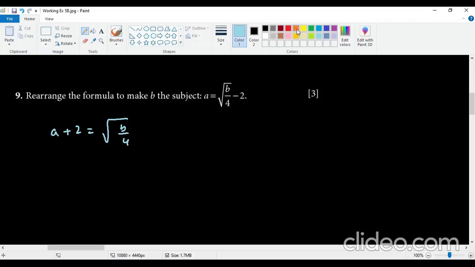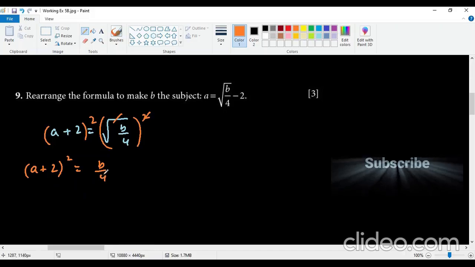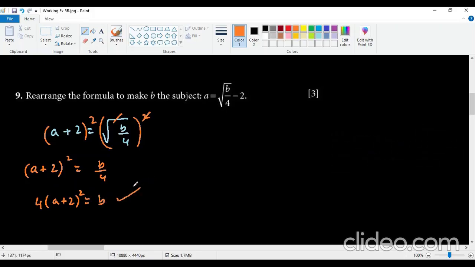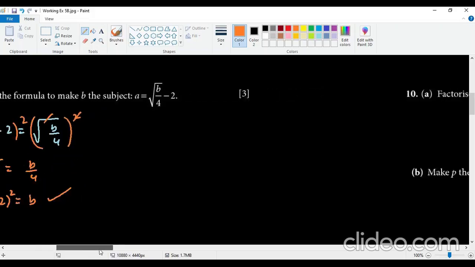Now what we are going to do is take the square on both sides like this. So this is going to be a plus 2 whole squared, and this is going to be cancelled with this b over 4. And now since we need to keep b on one side, I will take 4 to the other side, and it's going to be multiplying by a plus 2 whole squared. This is going to be your final answer, and you get 3 marks for this question.